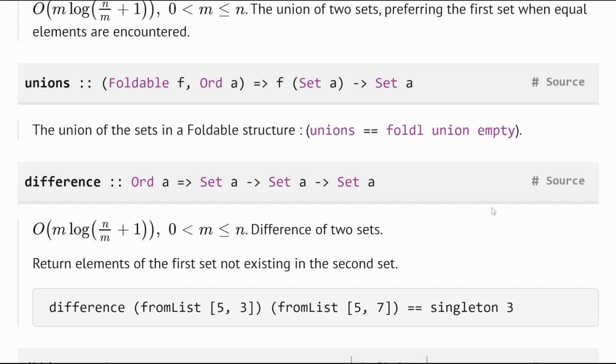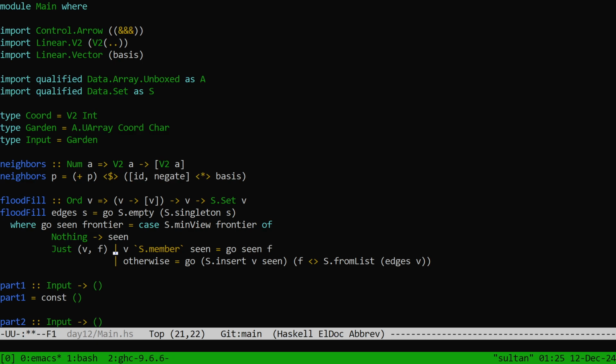It's basically just doing 4 lookups, roughly, I imagine. Yeah, I mean, it's going to be a reasonable savings to just make sure we don't put stuff into our frontier list that's already on the seen list if we can avoid it. So let's make sure to do that.